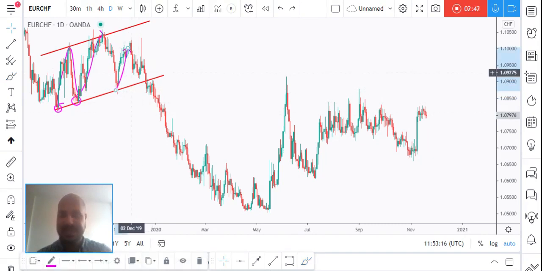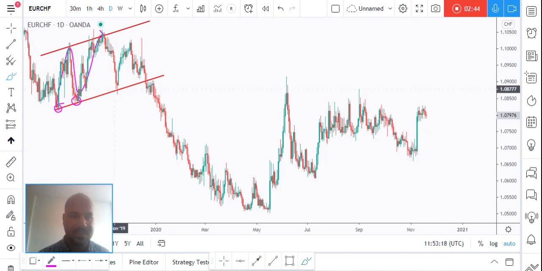But what exactly happens is that price went up and couldn't make a higher high than the previous high. It made a lower high, which indicates that the buyers are exhausted and couldn't push higher as they were doing before.